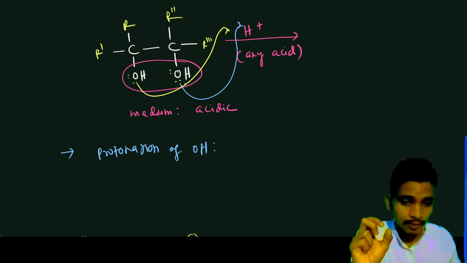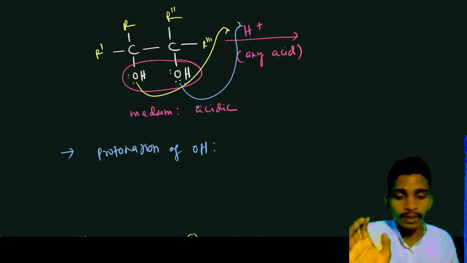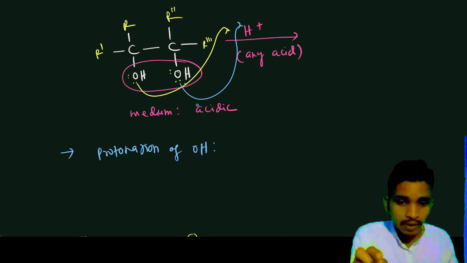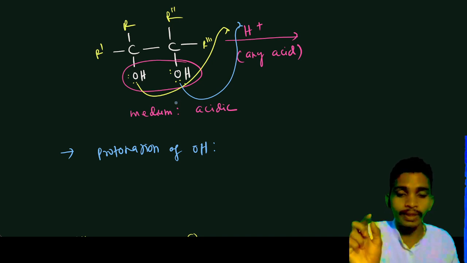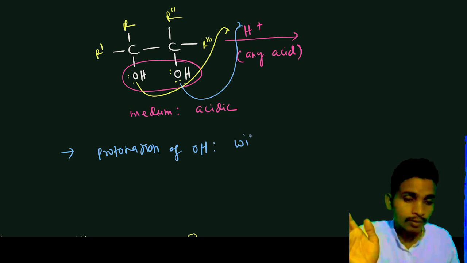It means that it will be released, and then the carbocation will form. So the protonation of OH that will happen is the one where the carbocation formed is stable, even without any rearrangement.